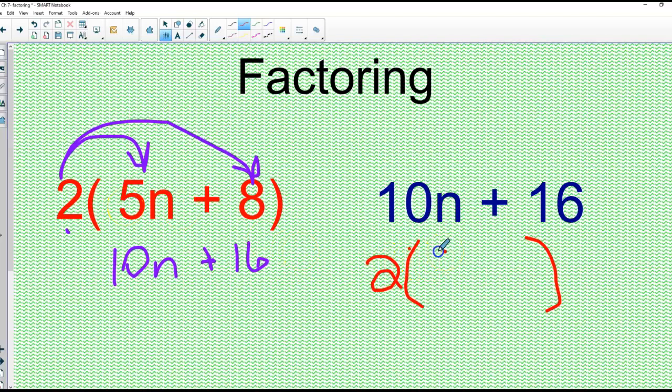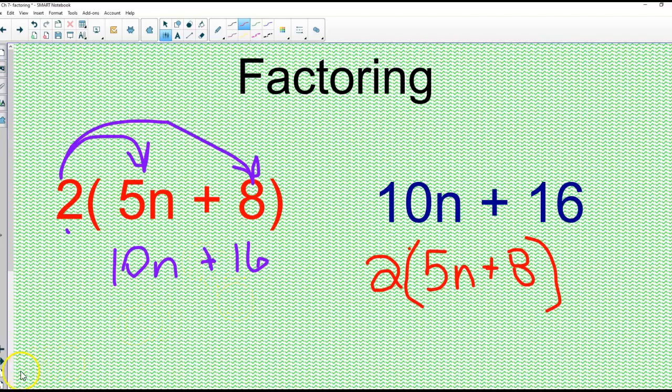If I divide by 2, I get 5, and I bring the n down. And now I divide positive 16 by 2, so I get a positive 8. And if you look, this matches where we started. So we did the reverse here in factoring this expression.